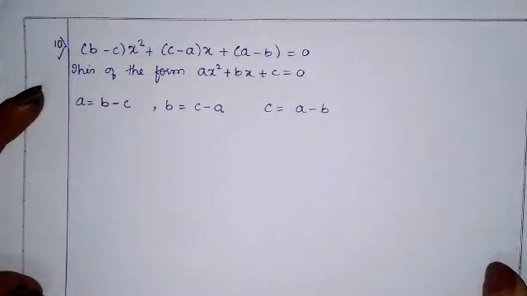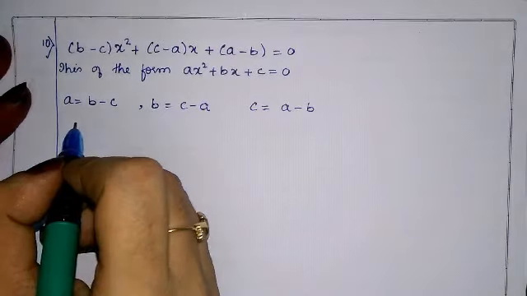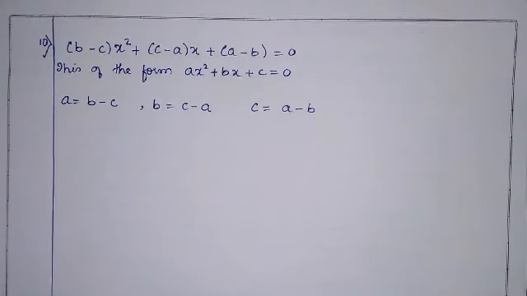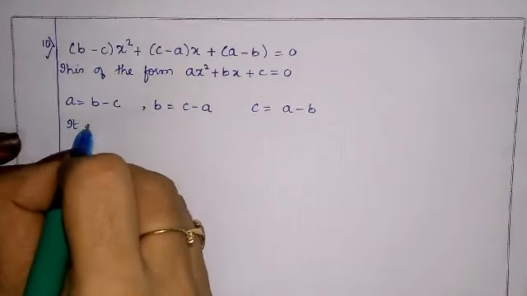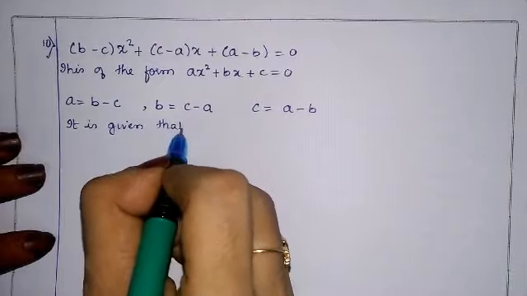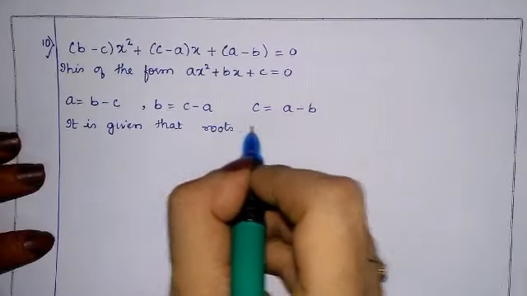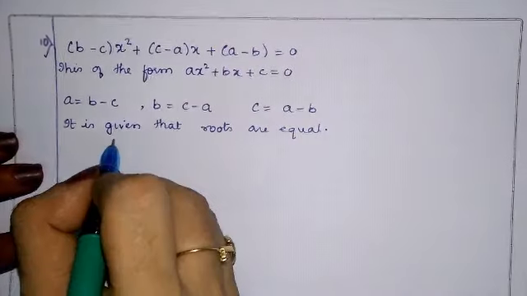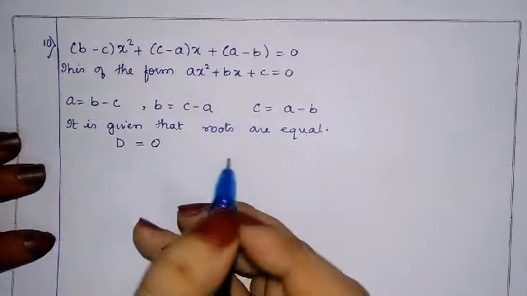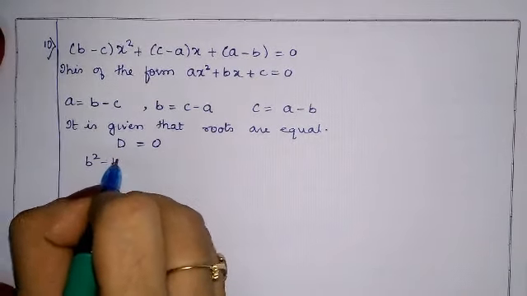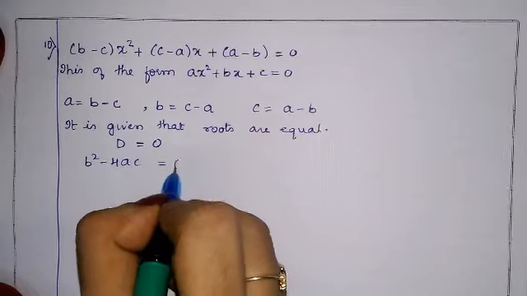Since it is given in the question that the roots are equal, if the roots are equal, D is equal to 0, and the discriminant D is nothing but b square minus 4ac equal to 0.